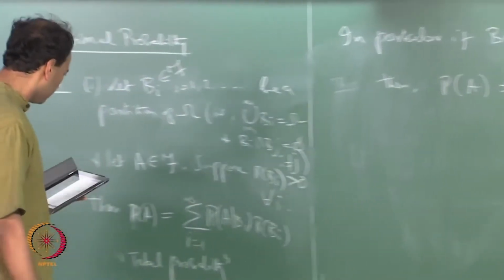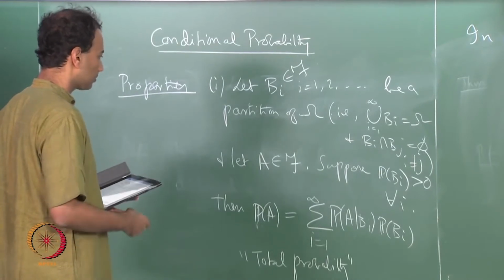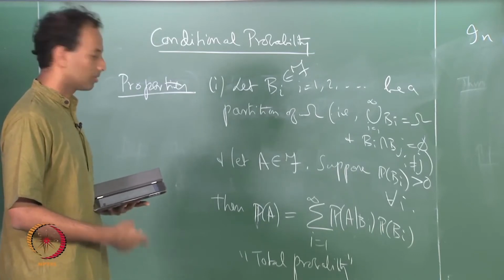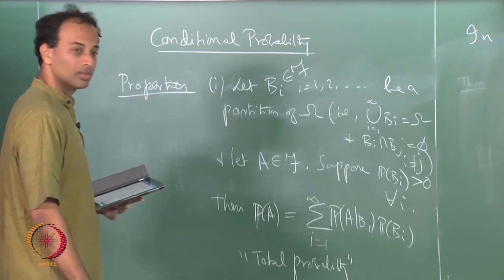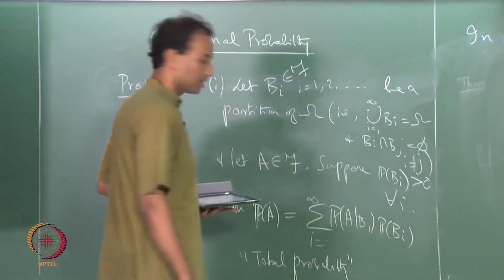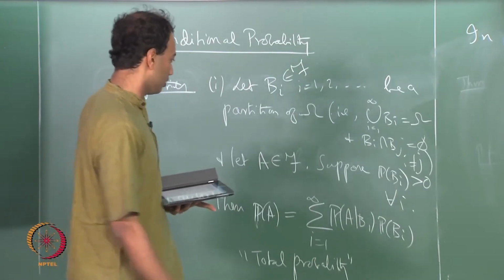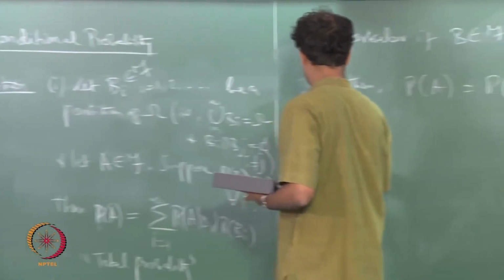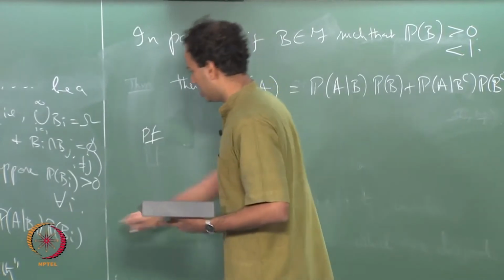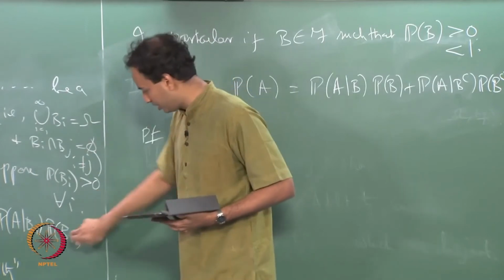So, how do you prove the law of total probability? Consider the right-hand side. The probability of A given B_i is probability of A intersection B_i over probability of B_i, so it will cancel out.